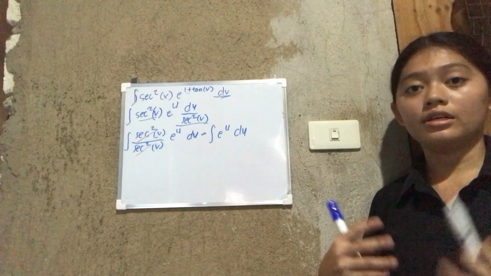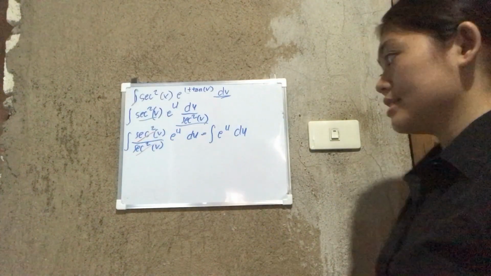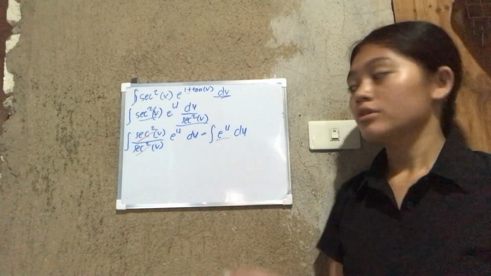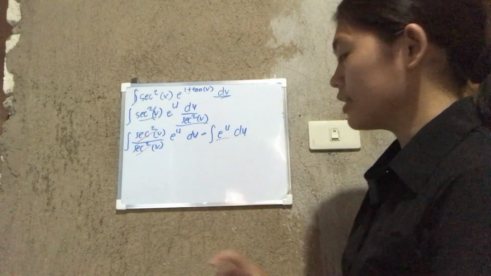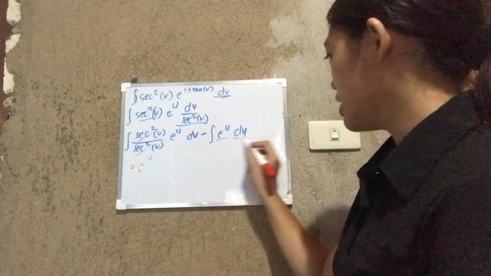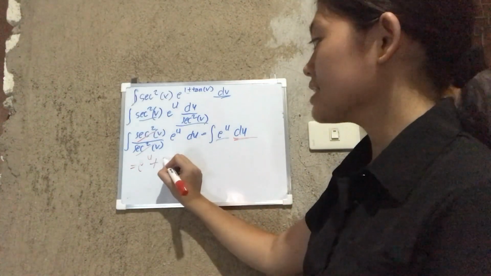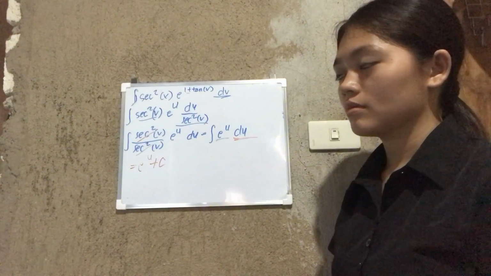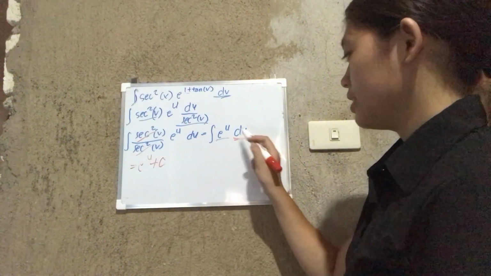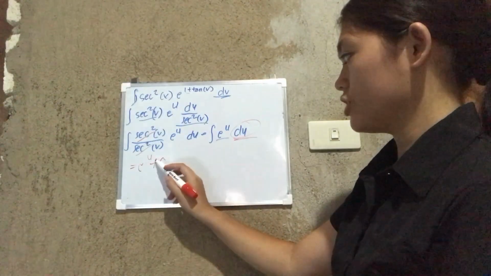And just like what I always say, e cannot be integrated. So we just copy this one, e raised to u, then change the du into c, which is plus c.